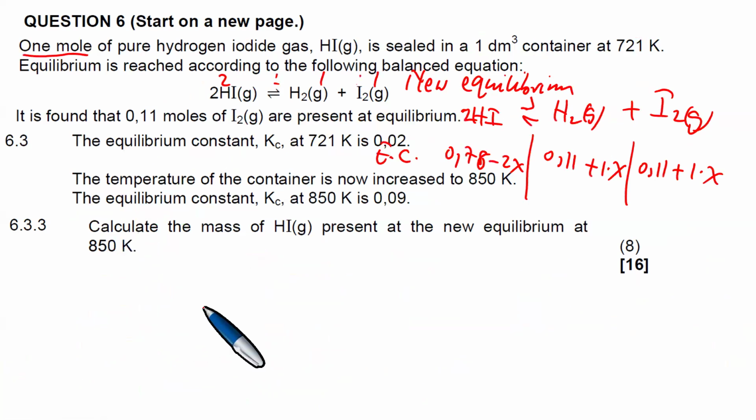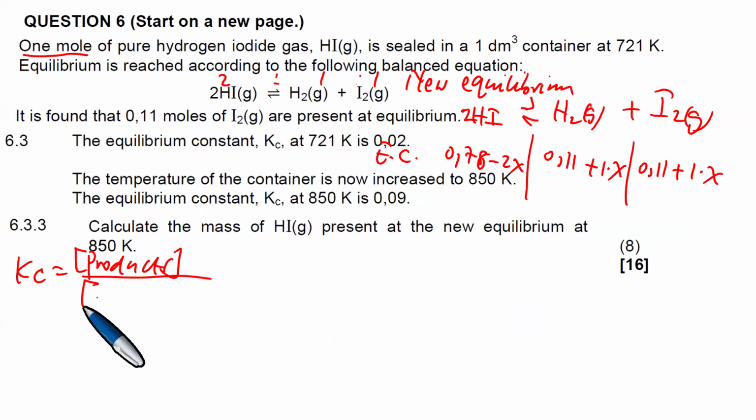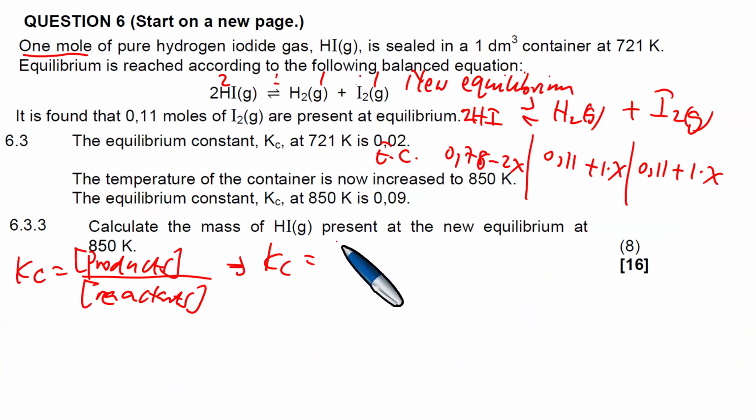All right, let's do the calculation. So we have Kc, the concentration of the products divided by the reactants. What are the products? The products are these ones, because they increased.